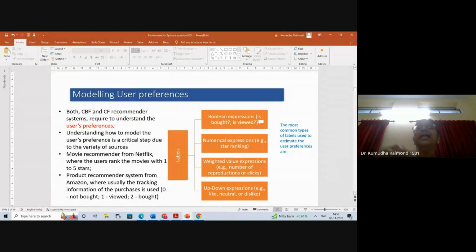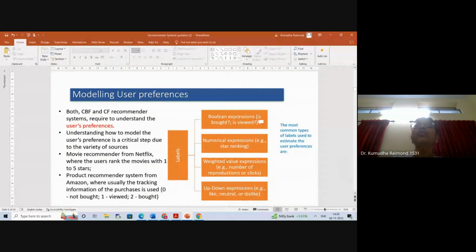The different types of user preferences that the different recommendation systems use are stated over here. It may be in different ways, for example, weighted average expression, the number of reproductions or the number of clicks, or up down expressions, like, neutral, dislike, whatever we give.